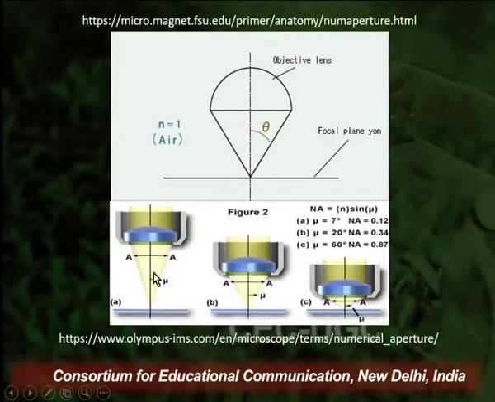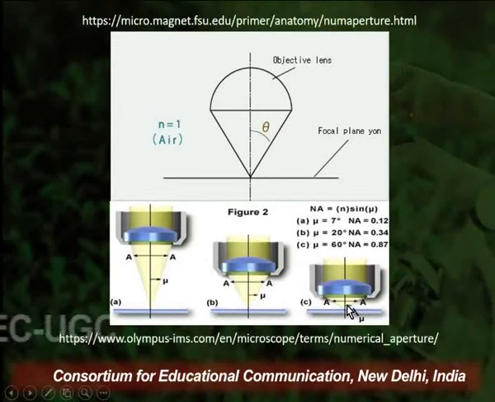For example, you can see here in this diagram, the angle theta is smaller as compared to when the objective lens has been brought closer, and if this objective lens has been brought still closer, the value of theta has further increased. So, theoretically, we can increase the value of theta up to 90 degrees.